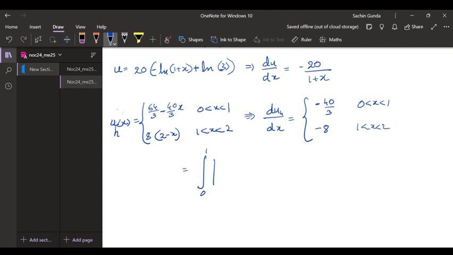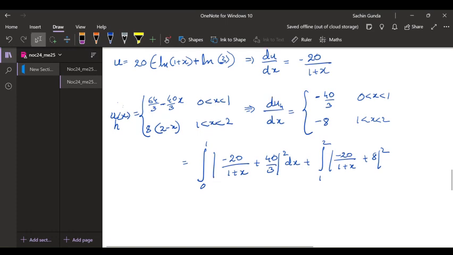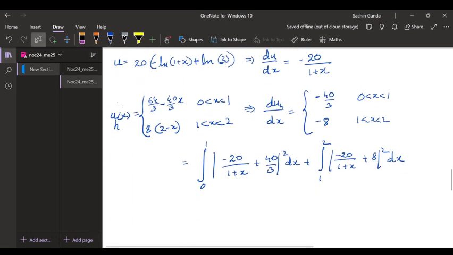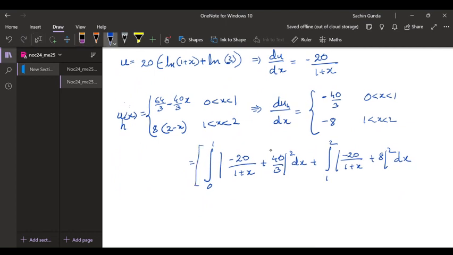First, for 0 to 1, the expression is analytical solution minus FEM solution whole square dx, plus from 1 to 2 analytical solution minus FEM solution square dx, and everything raised to the power 1 by 2.